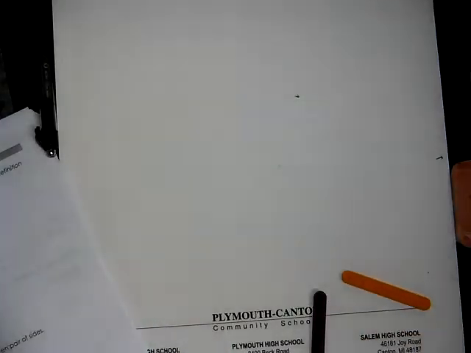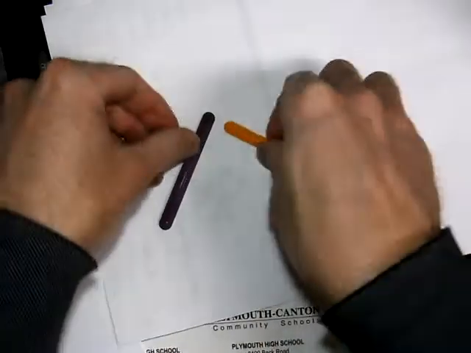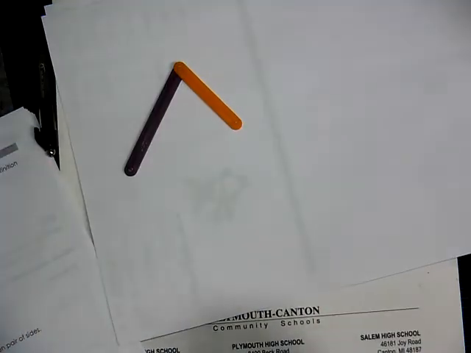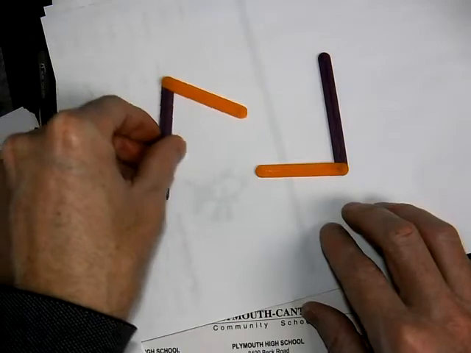here what we're going to be given is two sides that match two sides.